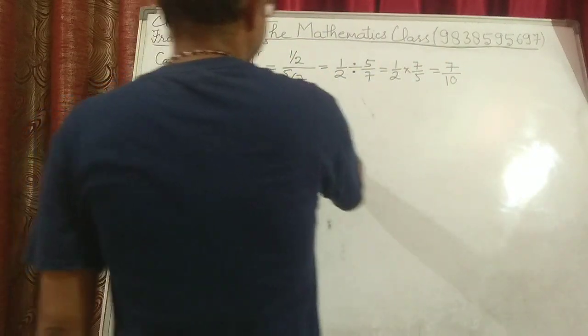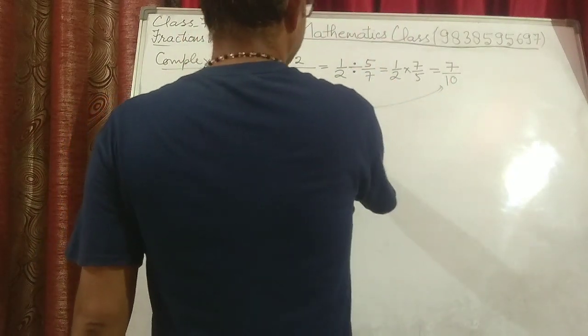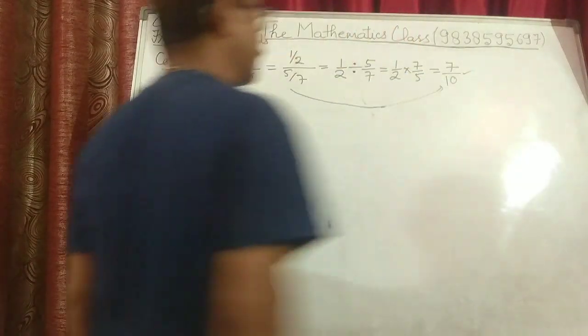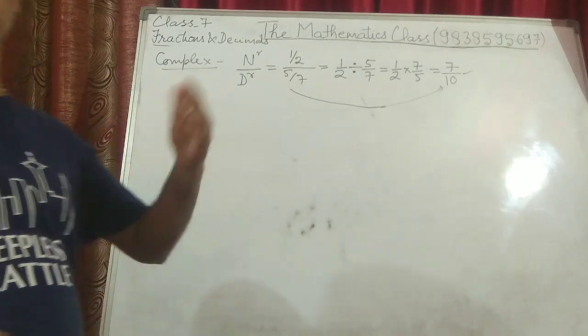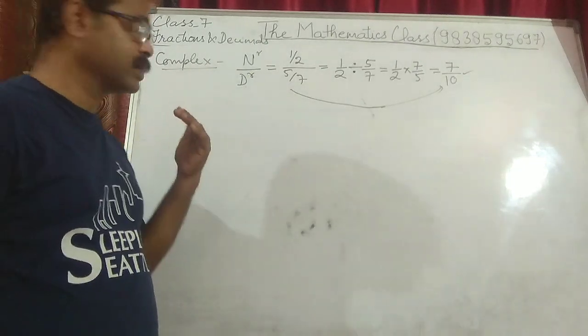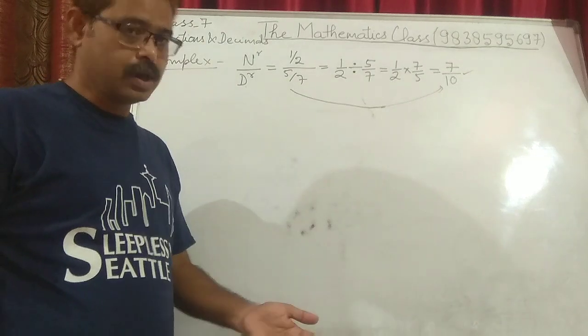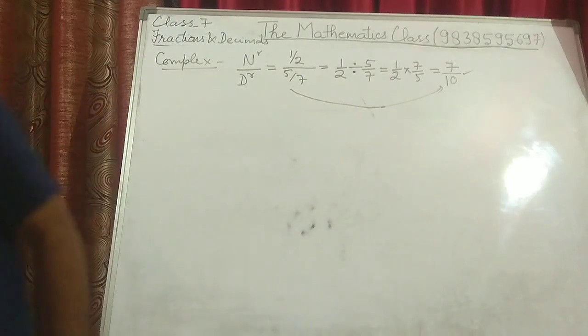Means this complex fraction has been converted to a proper fraction like this. So what is a complex fraction? One in which the numerator as well as the denominator are in the form of fractions. Those types of fractions are known as complex fractions.